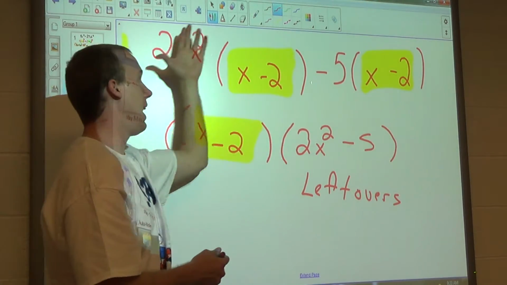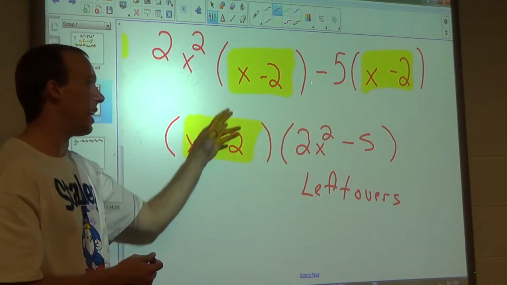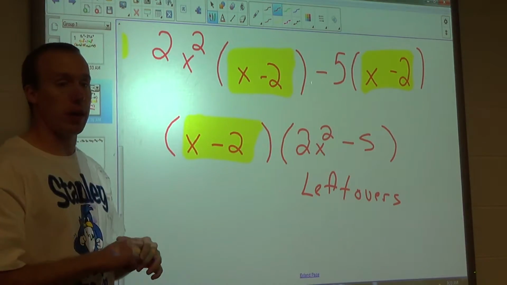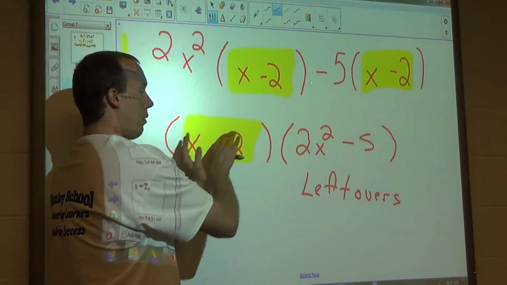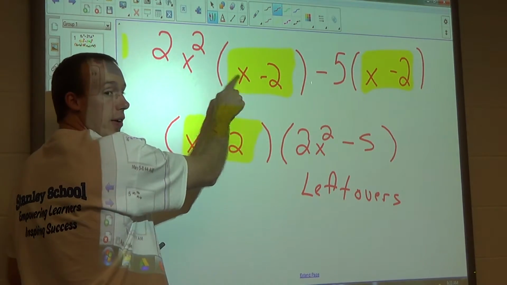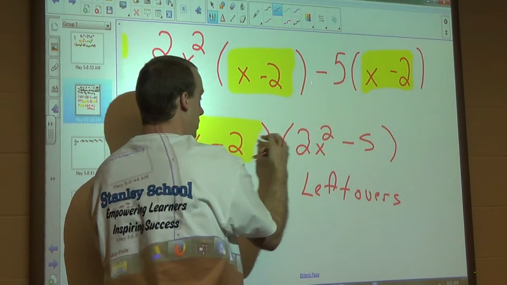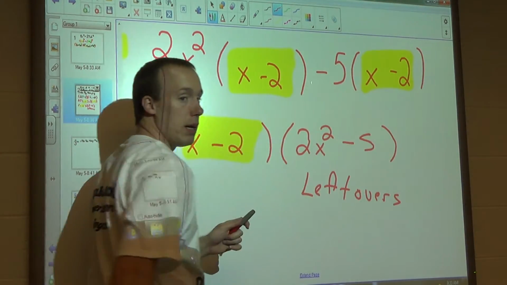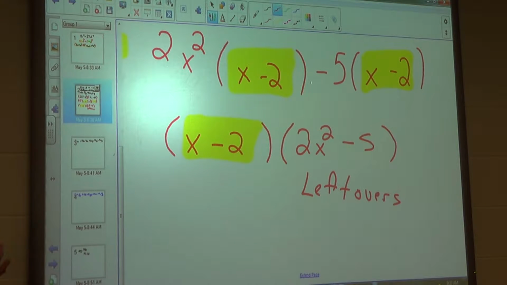So you would factor that A out in front, so it'd just be an A out in front. So since it's x minus 2 and x minus 2, they're common, you just bring them out in front, but they're not squared. Because if I distributed back in with both of these, it would be this thing times 2x squared. You see that's what we have here? And if you distribute it back into here, it would be this times a negative 5, which gives me a negative 5 times that. Good question.